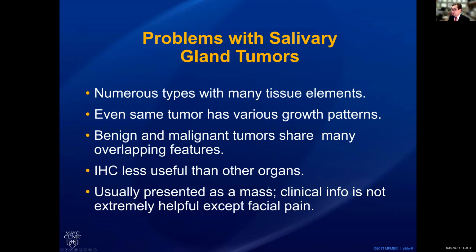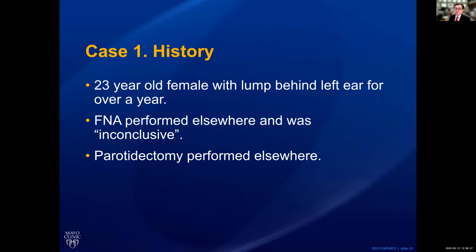Most of the time, you see just a bump, a mass, and only when there is facial pain or facial drop or eye drop can you know this is probably a bad tumor because it has already involved a nerve.